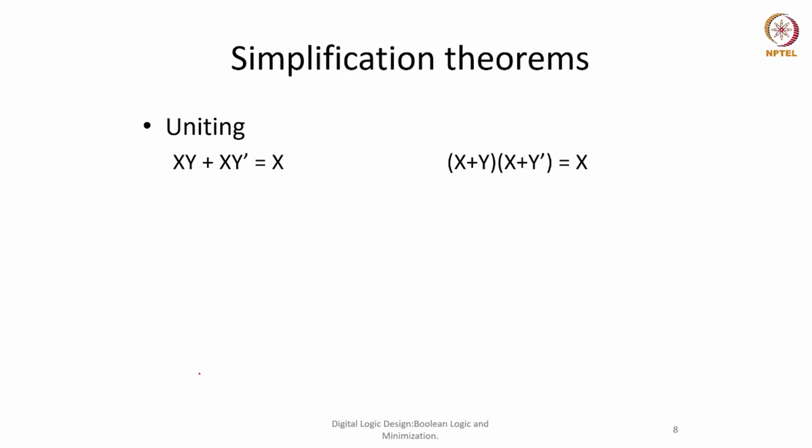Let us say this is the expression which is given to me. Because of the distributive law, I can write this as x times (y plus y dash). Y plus y dash, I know, is always going to be 1, so this is equal to x.